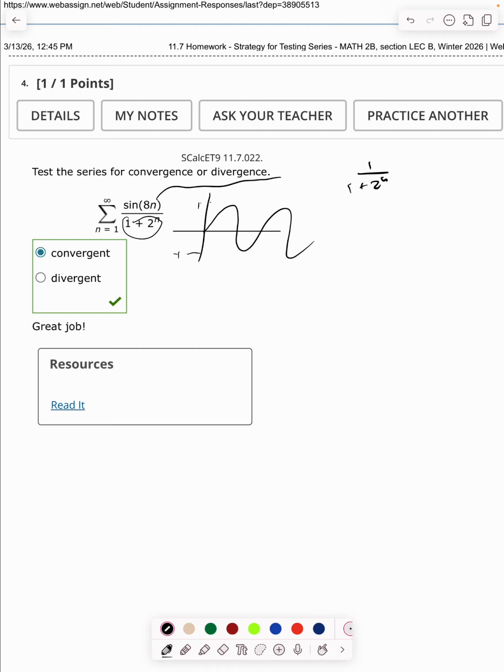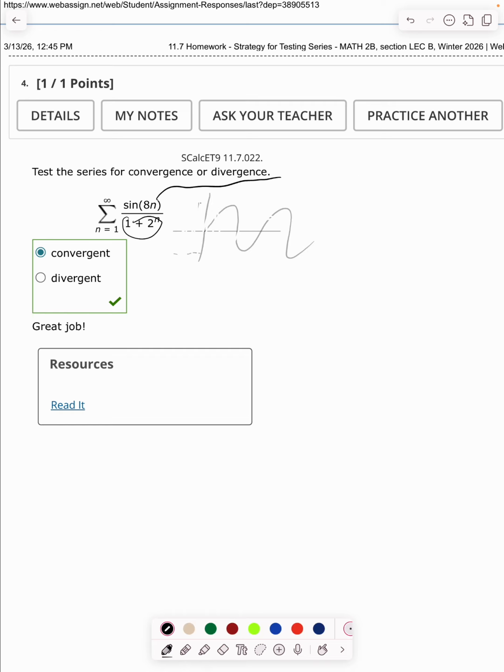And that's not extremely obvious because here we know that 2 to the power of n is growing super, super fast. And so we can likely see that the 2 to the power of n is making it decrease, but there's actually an easier way.